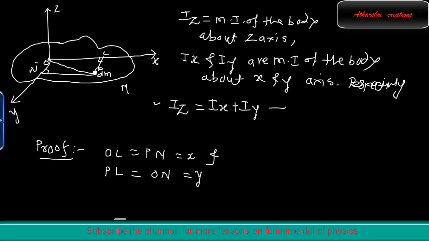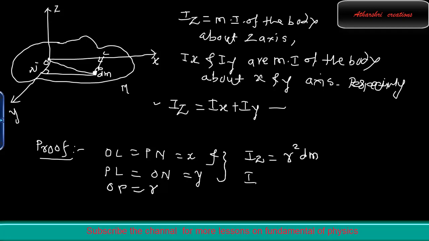Now using these values, the moment of inertia of the element dm about the z axis is equal to r square into dm, because the distance OP is equal to r. Hence, Iz equal to r square dm.